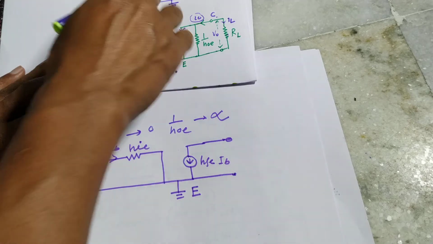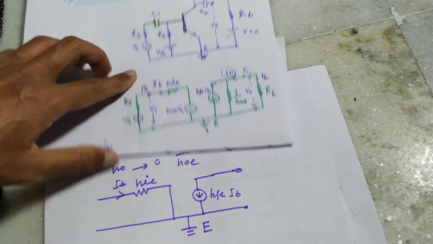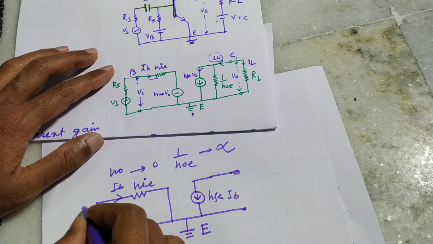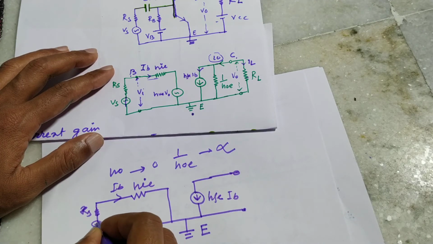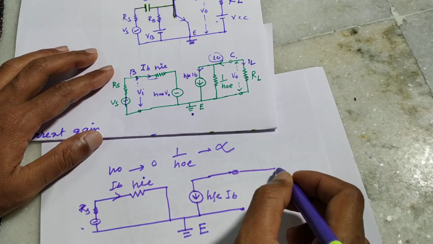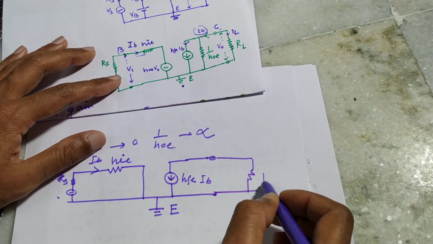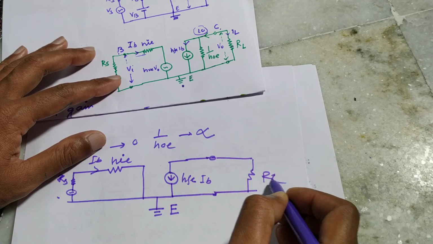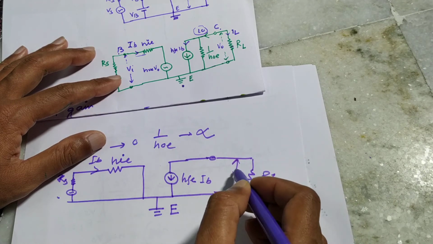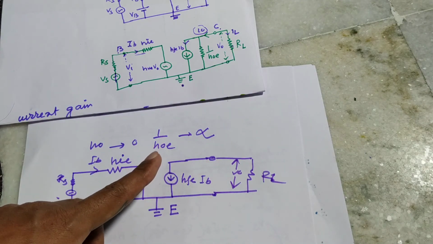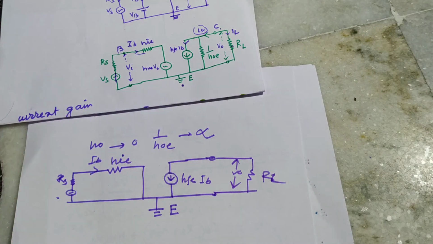And if we consider the above circuit, then in the simplified circuit we have to write here the RS and VS. Okay, and by using this simplified H parameter model circuit, we can easily calculate all the terms.